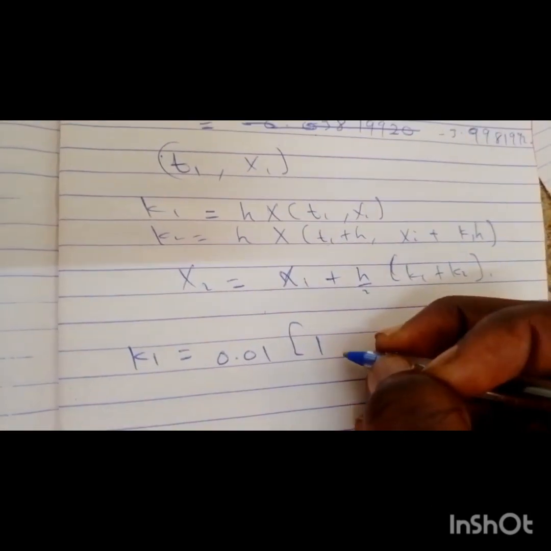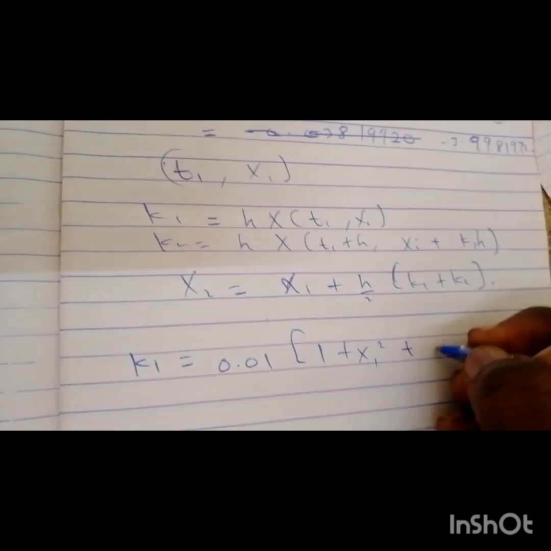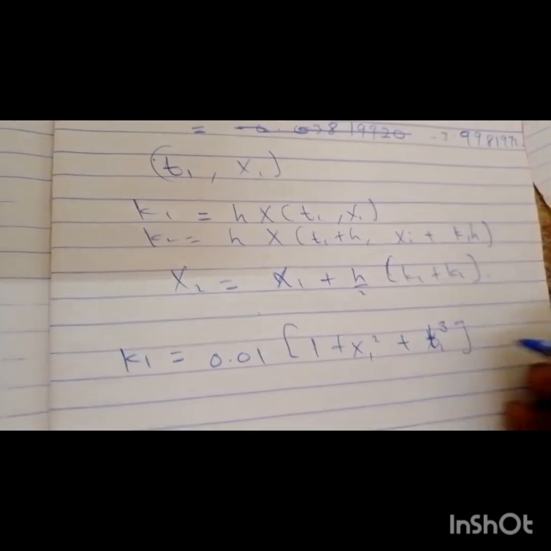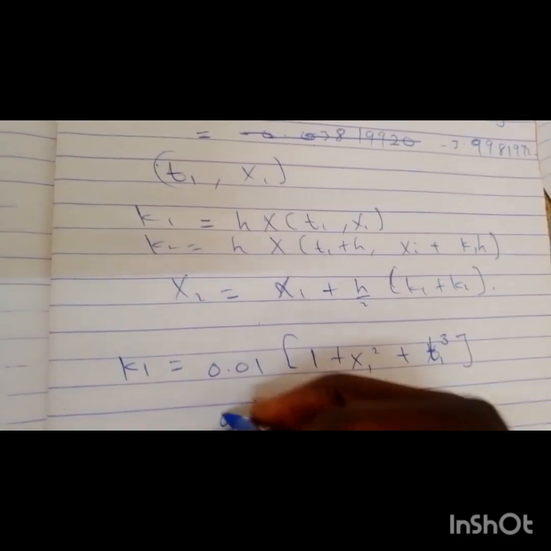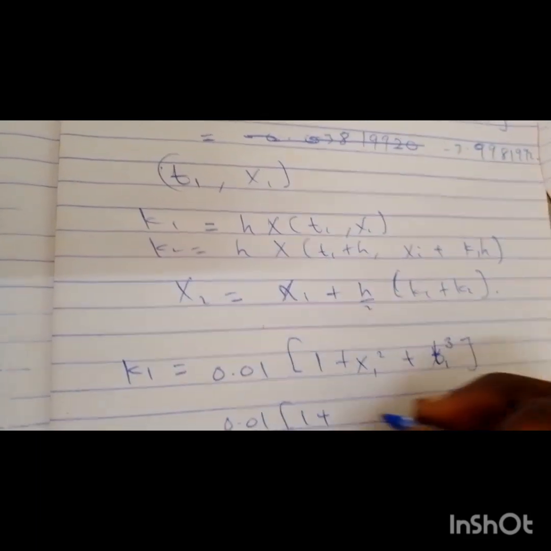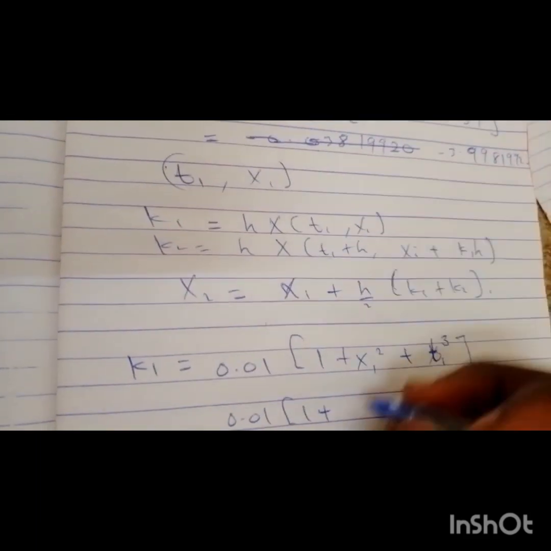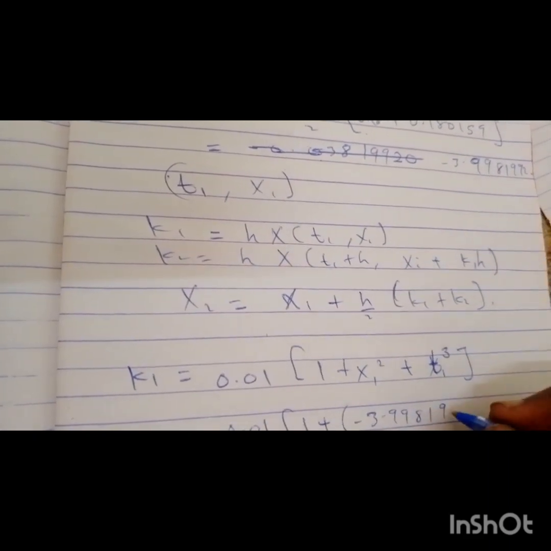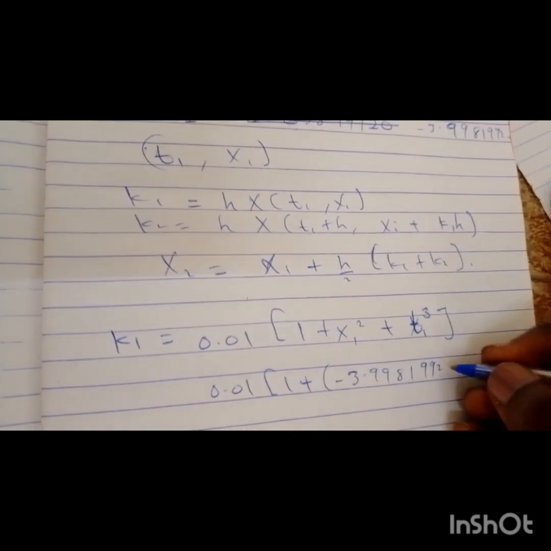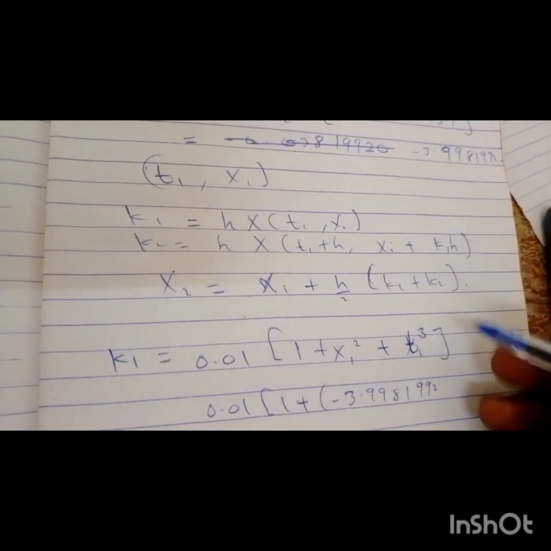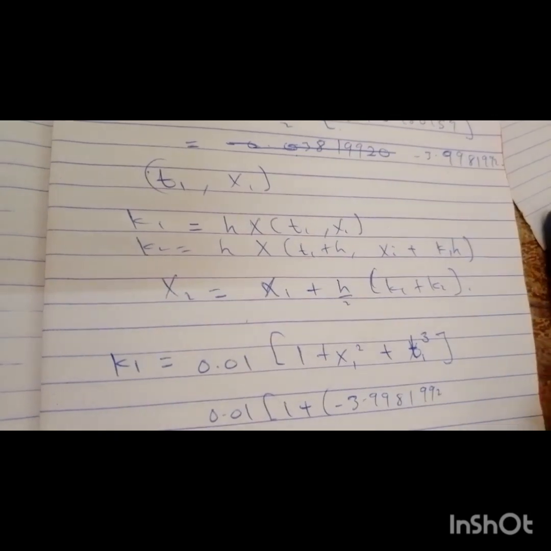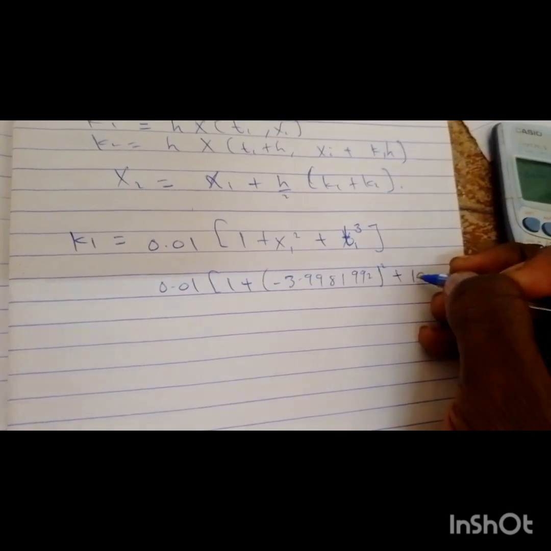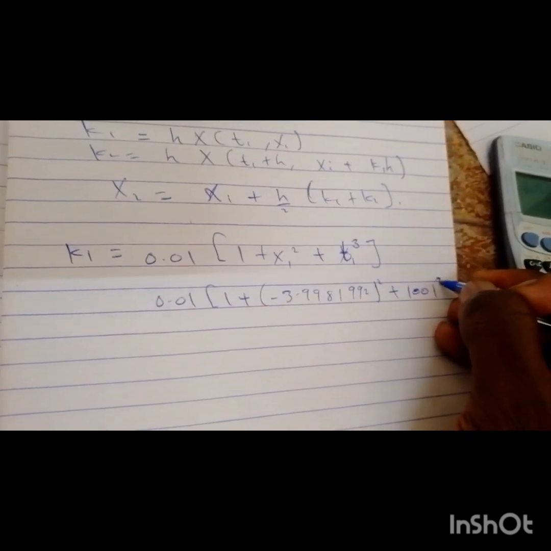Then we multiply by the function, which is 1 plus x1 squared plus t1 cubed. Now you enter your values. So 0.01 into bracket 1 plus our x1, which is negative 3.9981992, plus, it's a squared actually, plus 1.01 cubed.